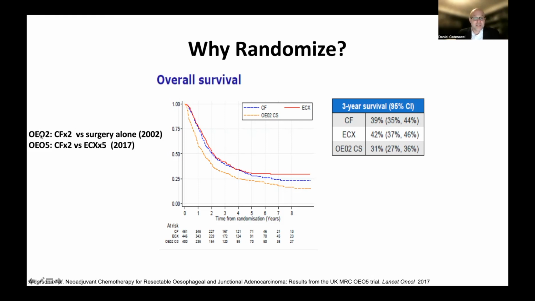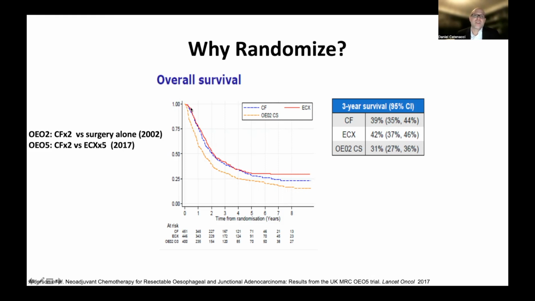The next study that was designed was OEO5, looking at that new standard of care, cisplatin 5-FU for 2 cycles, versus an investigational arm of ECX, epirubicin, cisplatin, and capecitabine, the oral version of 5-FU, for 5 cycles. This study was reported and published in 2017. Over on the right are results from the study OEO2, showing the survival curve of cisplatin and 5-FU.